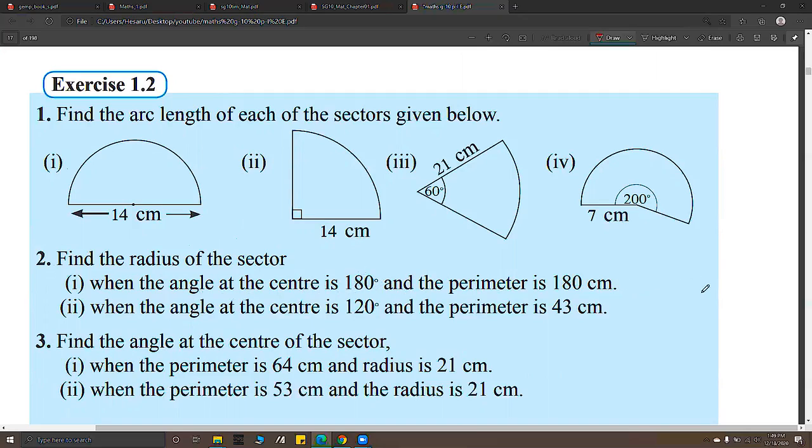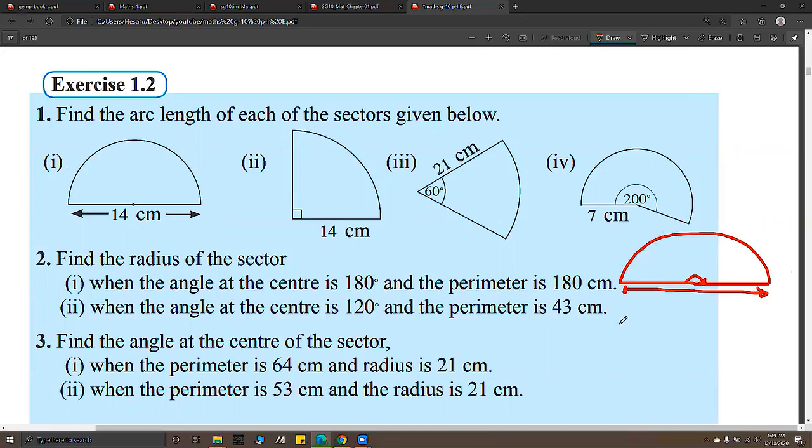It means half of 360, so it should be like this. And the perimeter is 180 centimeters. Perimeter means the total length of this straight side and the total arc length, and they are saying it's 180 centimeters.